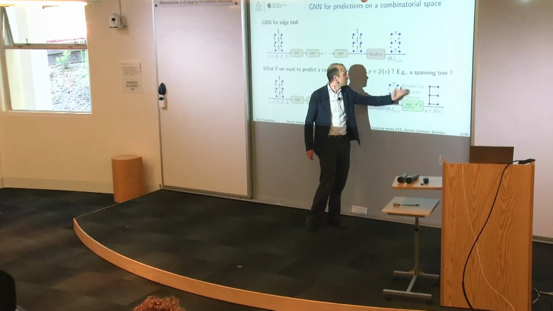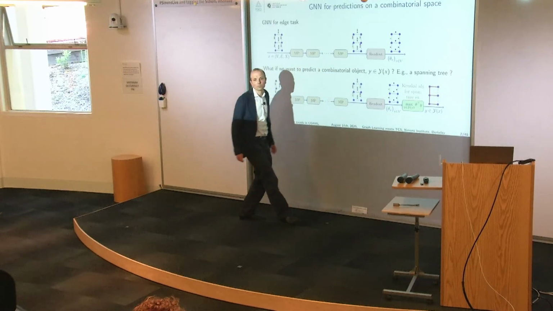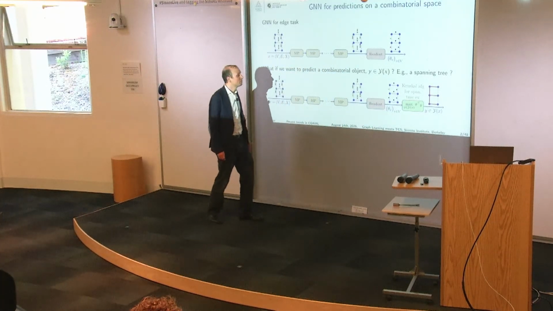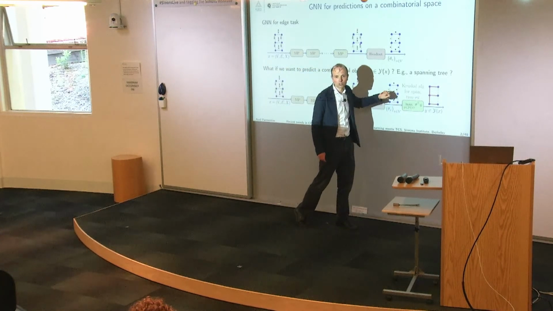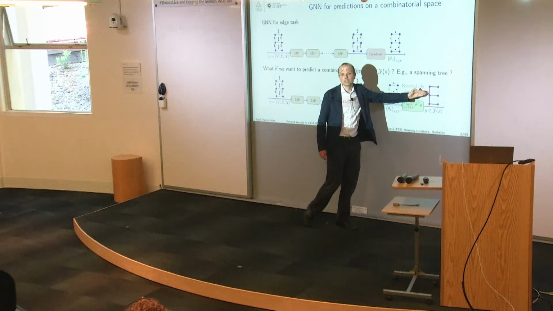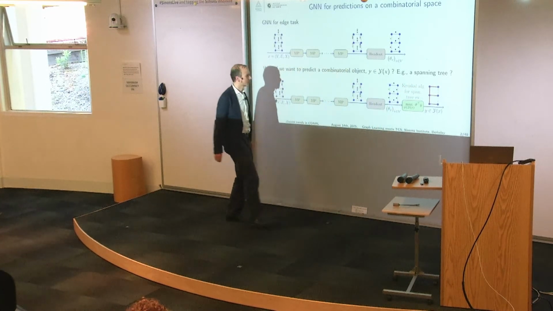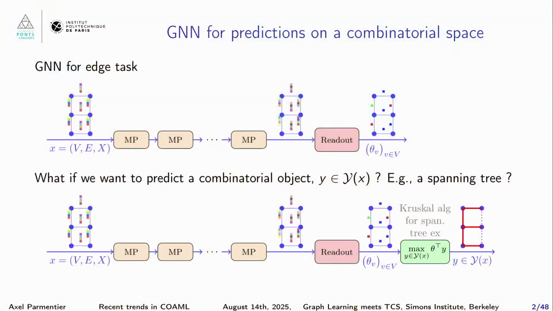For instance, here, a maximum weight forest or a minimum weight spanning tree algorithm. And typically, we are going to run Kruskal's algorithm on the output that we had of our graph neural network to predict this spanning tree.